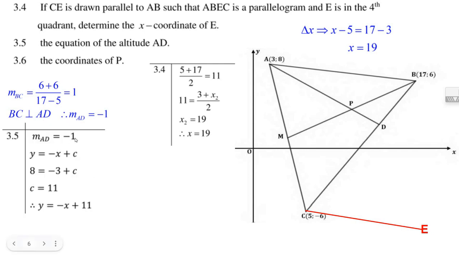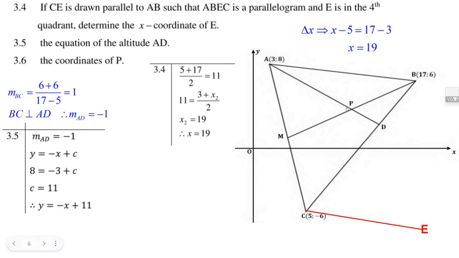Therefore, the gradient is -1. Now, if we know the gradient is -1, all we have to do is put in 3 for x, 8 for y, and we can get the y-intercept. Or you can use y minus 8 equals -1 times x minus 3 and solve it, and you'll get this nice equation here, y equals -x plus 11.